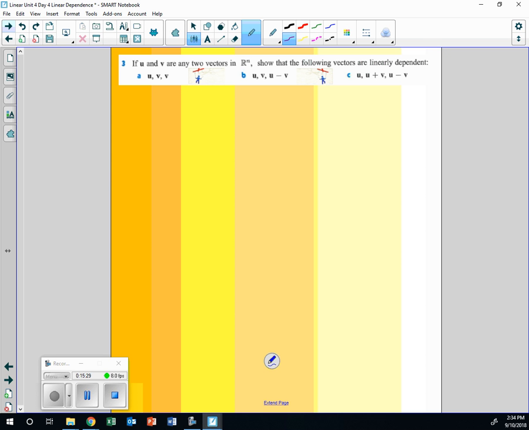Number 3, I want to do this one with you to show you that these are the easiest things ever. If U and V are any two vectors in Rn, show that the following vectors are linearly dependent. And what you're going to do is find a combination for each that works, that makes it dependent. Okay?